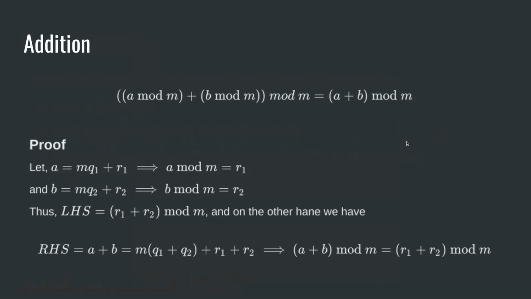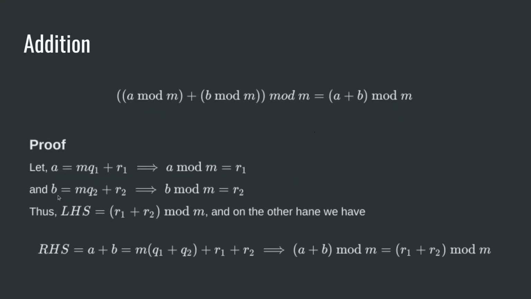Now the addition. When we add two numbers, a + b mod m is also equivalent to (a mod m + b mod m) whole mod m. Why? Let's just prove it. We can write a as m*q1 + r1, so when we do a mod m, we will get r1.